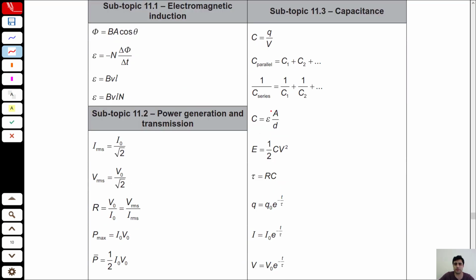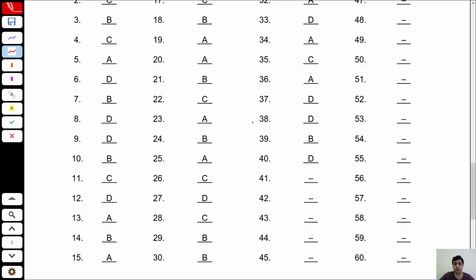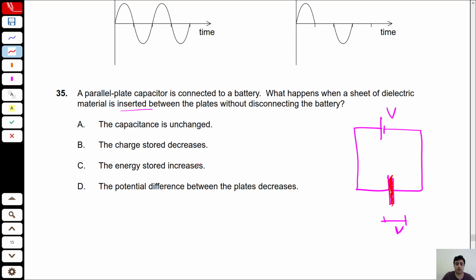Even if you keep the cross-section area and the distance between the two plates the same, change the dielectric, the capacitance will be changed. So yes, the capacitance changes. How does the capacitance change? Well, we just saw that this is the formula. So if you stuff in more dielectric, you're actually increasing the permittivity, right? So if you increase this, you increase the capacitance. So capacitance will be increased.